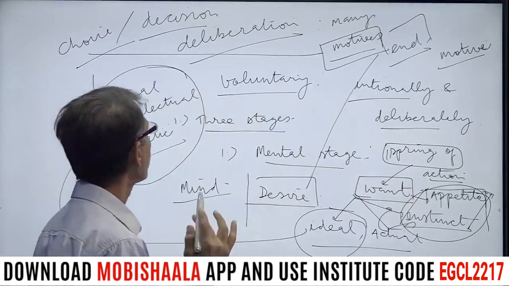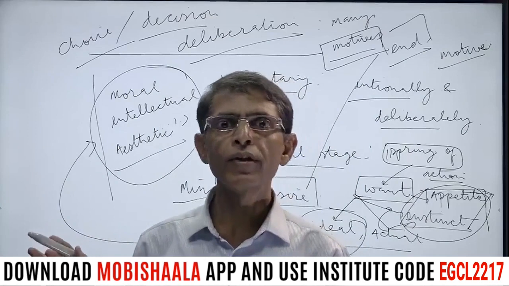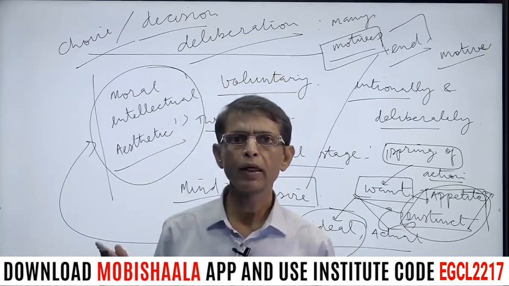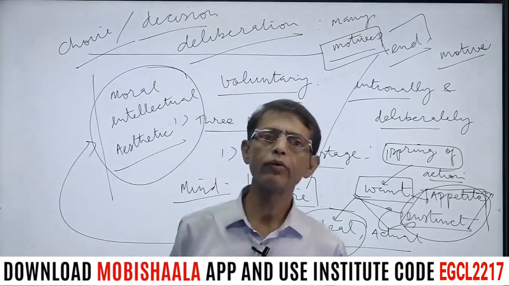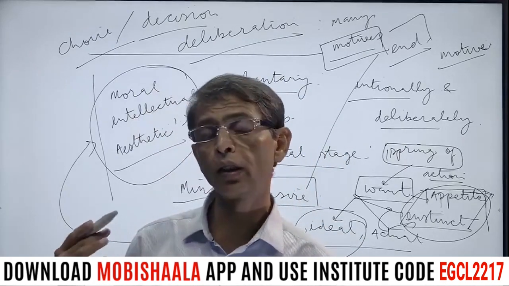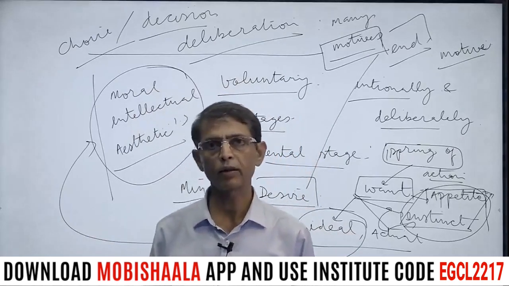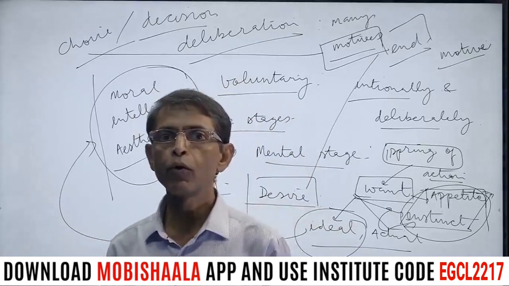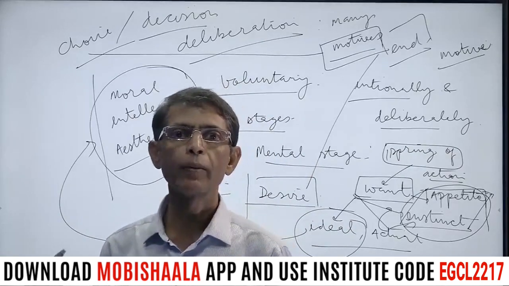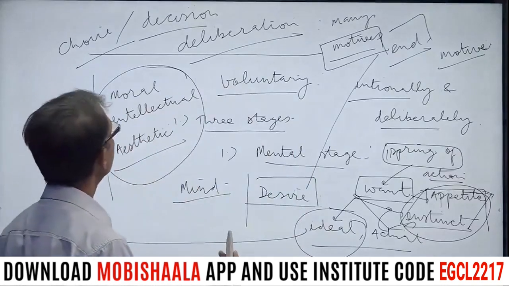Now he decides some motive, and once the motive is decided, then fine. In a simple course of action, once the motive is decided, he chooses. Now the agent enters into action, performs action. But in a case of many motives, if there is a conflict among motives, then what happens?